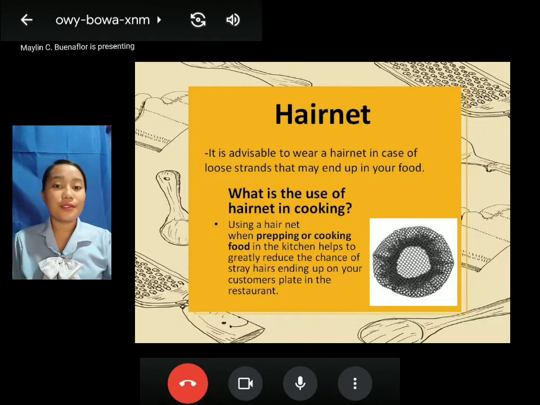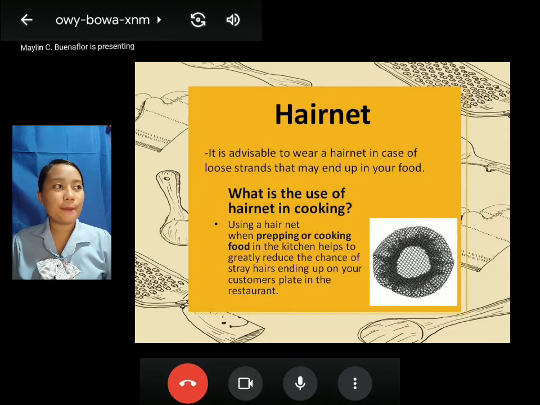So what is the use of a hairnet in cooking? Can you please read, Ian? Okay, thank you so much. So it is very important to wear a hairnet while we are in the kitchen because it will help us reduce losing strands that will possibly end up in our food.